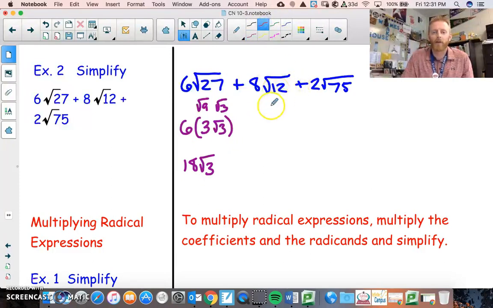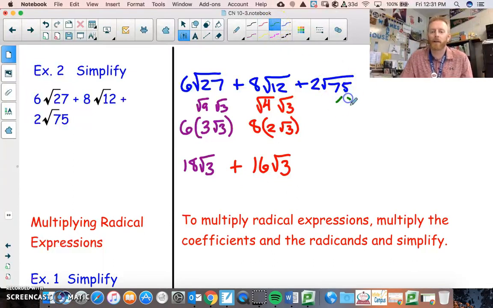Now my 12 turns into a root 4 and a root 3, and that becomes a 2 root 3, and that gets multiplied with the 8 that was already there. So now I have a positive 16 root 3. My 75 gets broken down into a square root of 25 and a square root of 3.